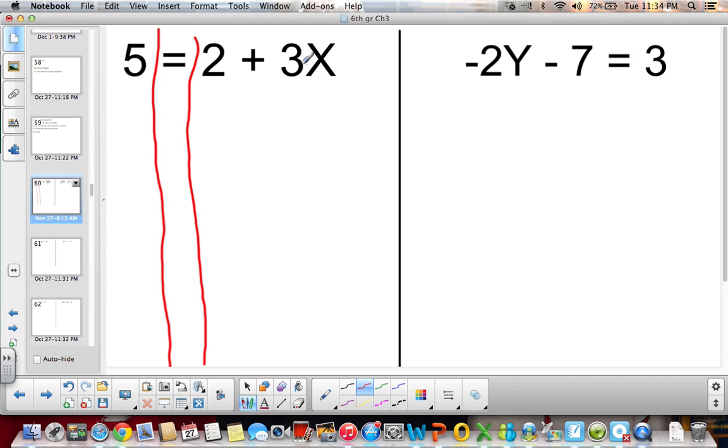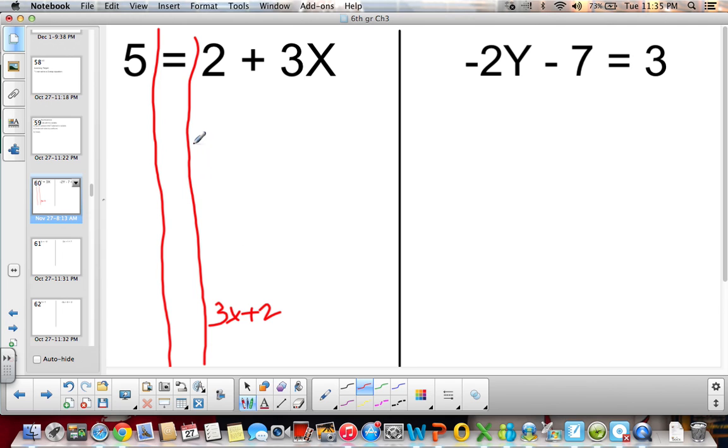So if we think about it, we have 3x plus 2. Whatever x is, we would first solve it by doing 3 times x and then adding 2, and then we would get to our number.